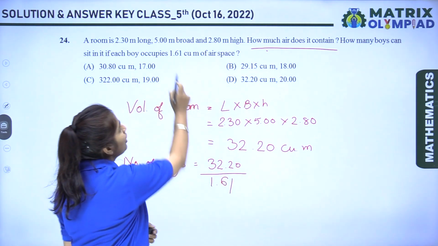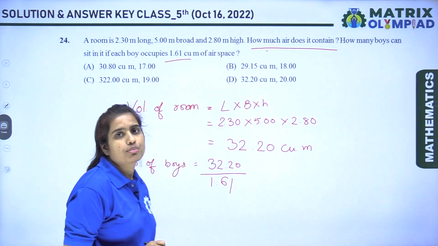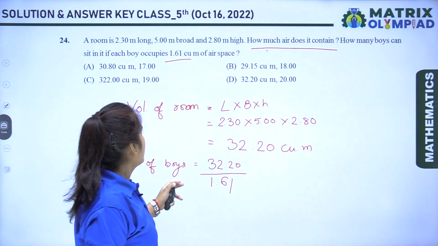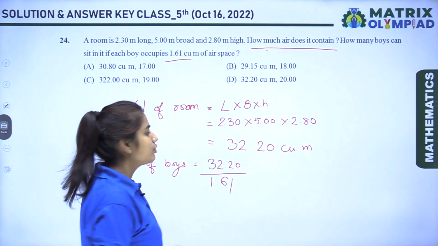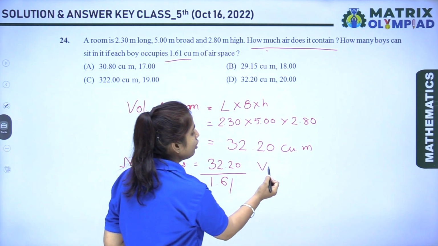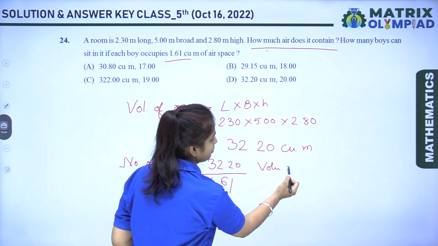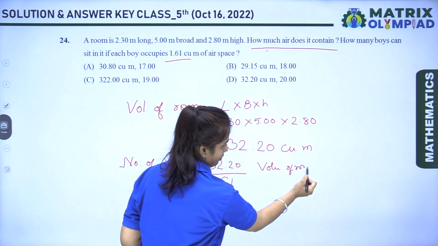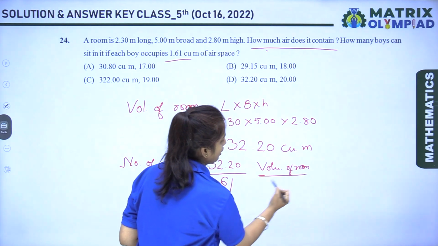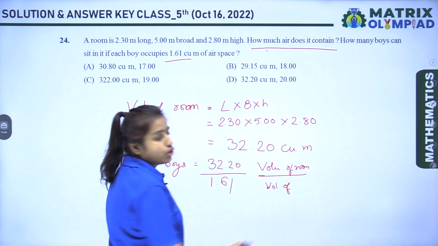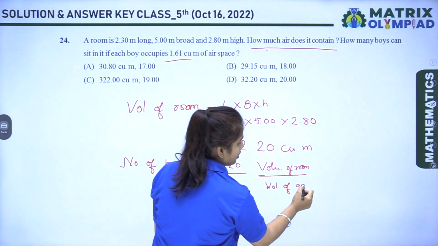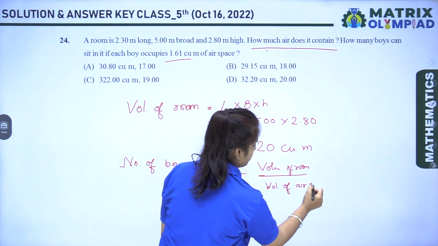One boy occupies 1.61 cubic meter. To find out the number of boys, we have to divide the volume of the room by the volume of air space each boy occupies.